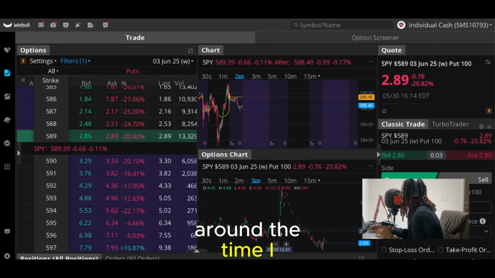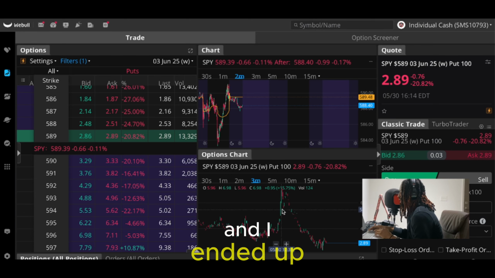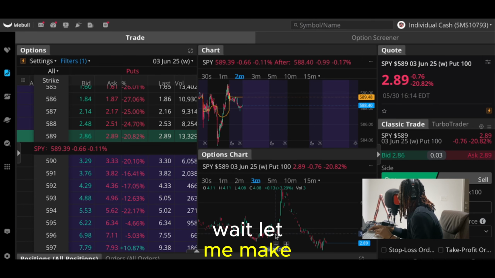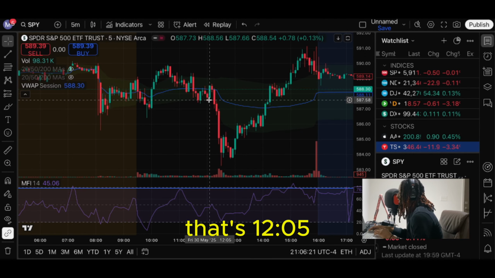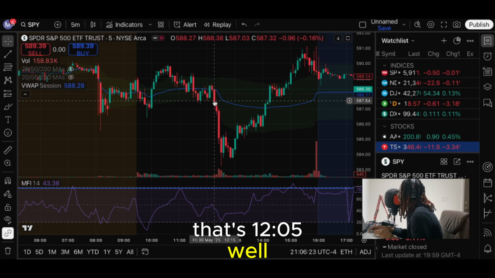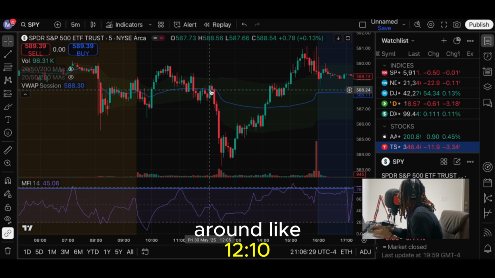1220 was around the time I got in, and the high of this contract was $448, and I ended up, wait, let me make sure. That's 1205. Well, yeah, around like 1210.